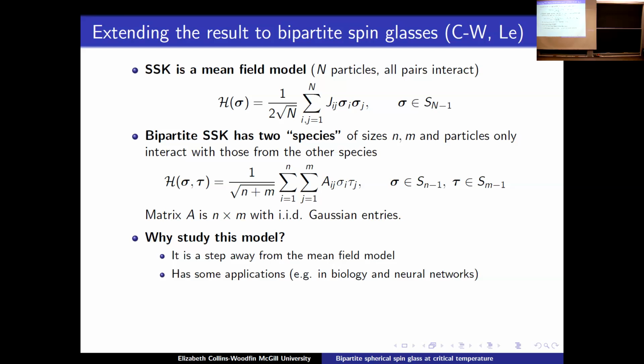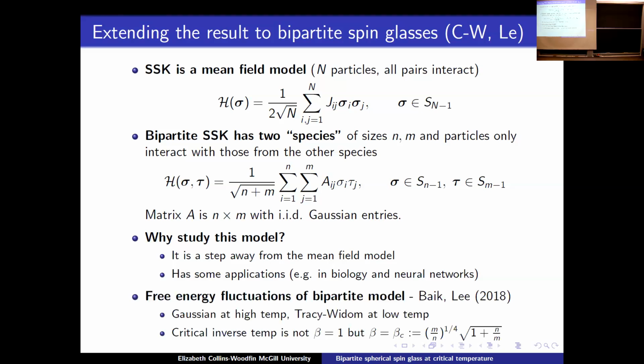So having an example of a model that is not strictly mean field is an interesting piece of analysis. Another reason is that this has applications in areas like biology and neural networks. In the context of neural networks, this corresponds to a restricted Boltzmann machine. So there's interest in it in that sense.